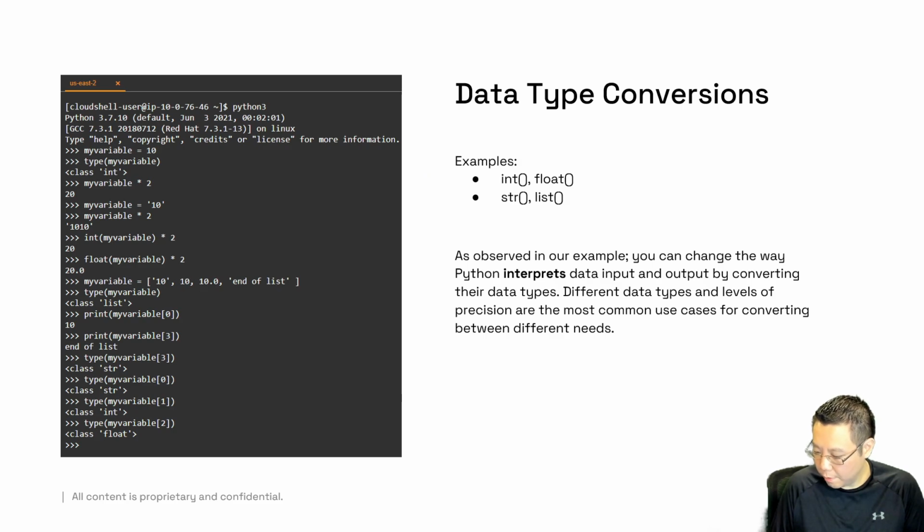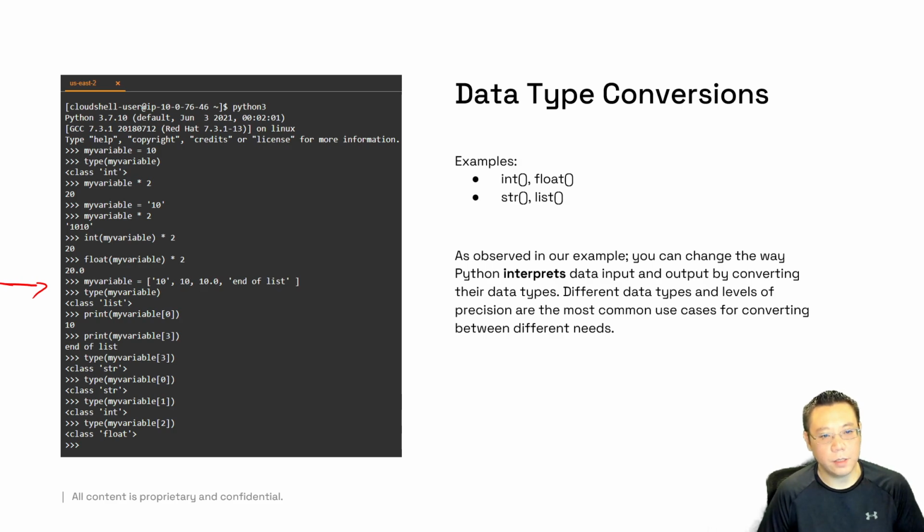What's next on our list? Well, let's look at a list. We saw strings already. Now we have a list full of different types of variables. 10 as a string, 10 as an integer, 10 as a float, and yet another string saying end of list. How many elements did you see here? 1, 2, 3, and 4, in computer terms, 0 to 3.